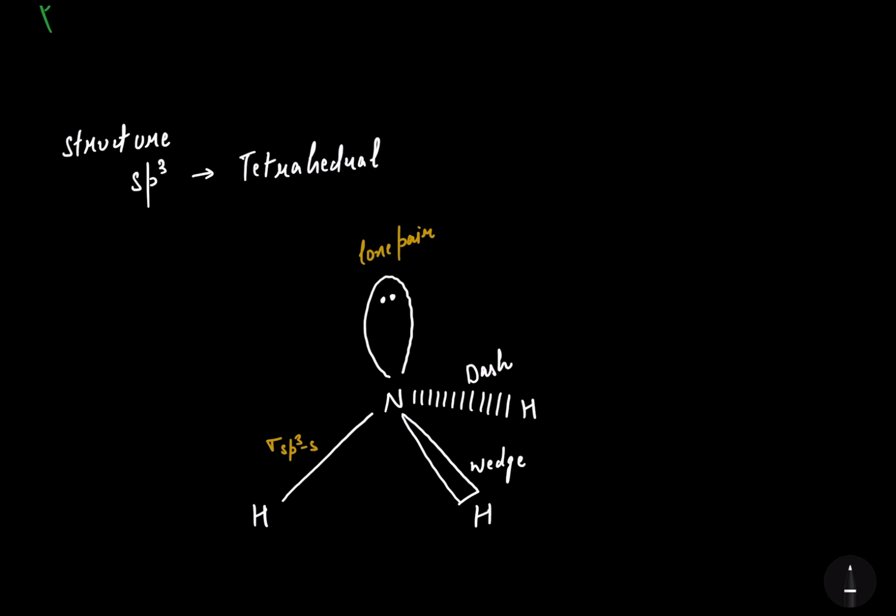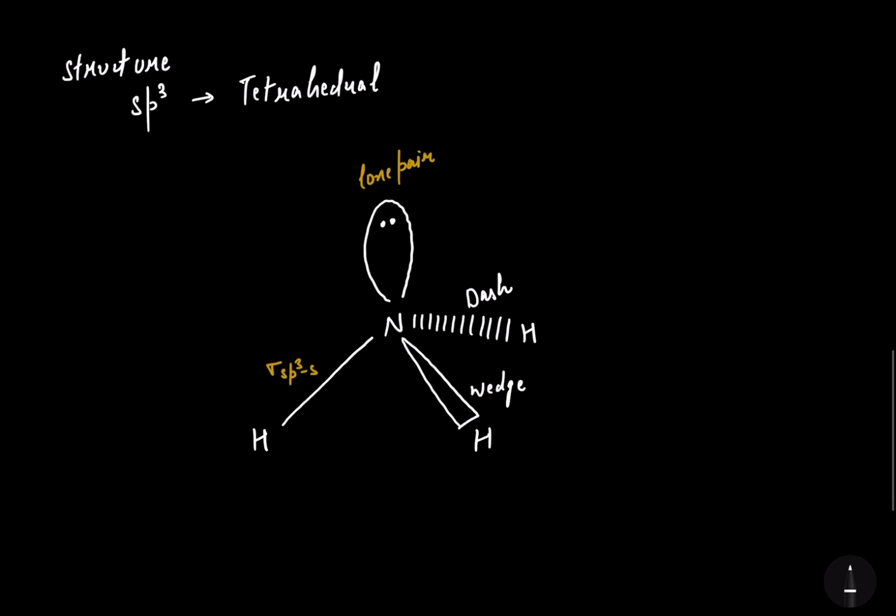So this wedge, dash and the simple line bond is just to make you all students understand this structure in 3 dimensions. Please try to understand this structure in 3 dimensions. The simple bond and the lone pair is present on the screen. The wedge bond is coming out of the screen, and dash bond is going inside the screen, right?